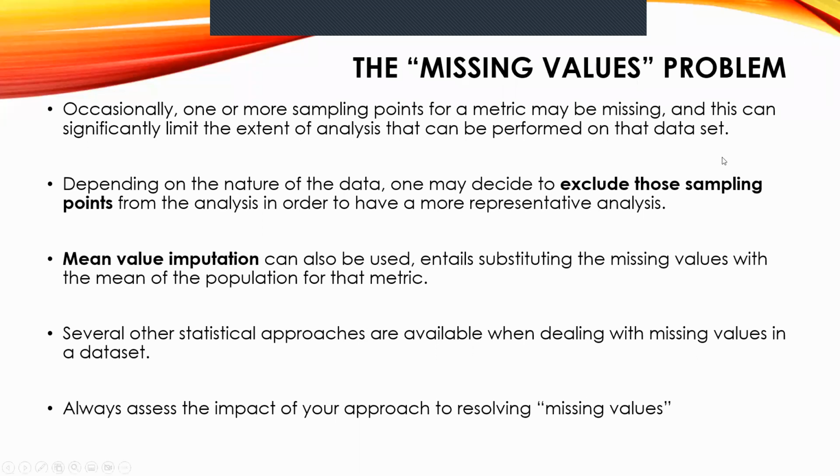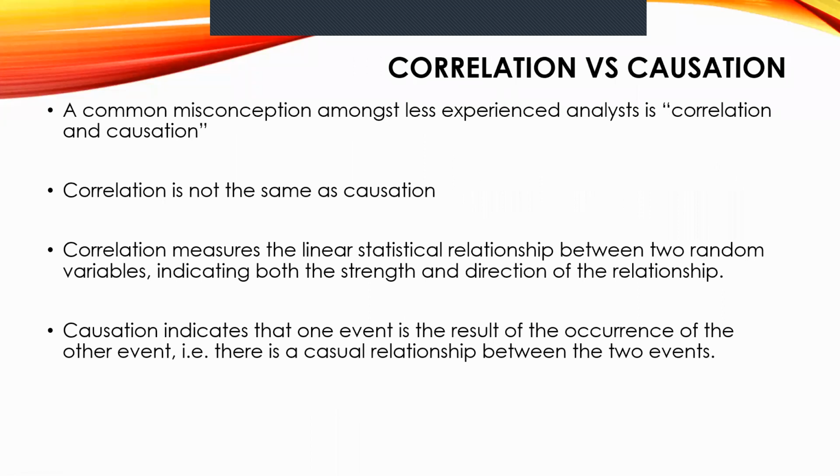So next, I want to talk about correlation and causation. A common misconception amongst beginners in the data analysis space is usually when you are assessing two variables or two occurrences. Let me not use too much technical terms.